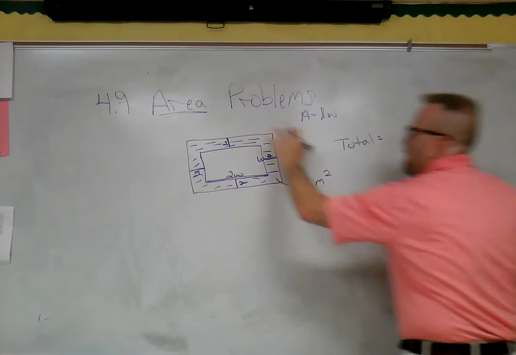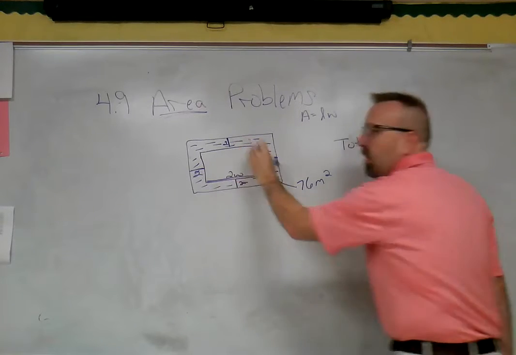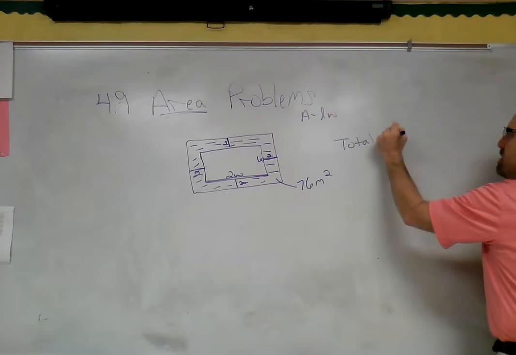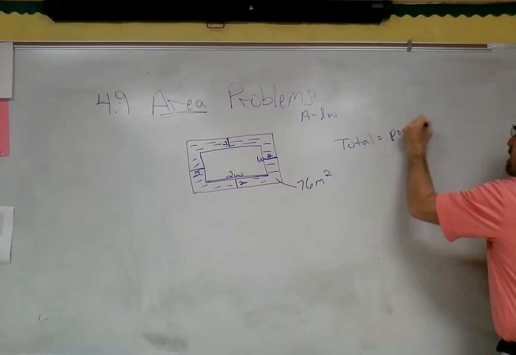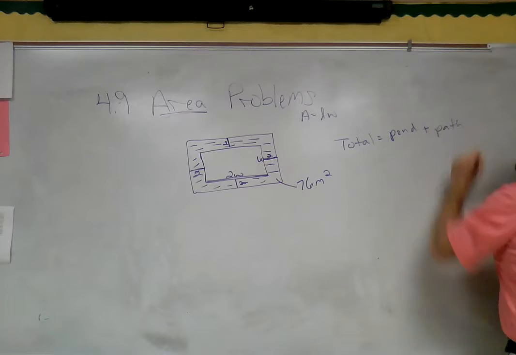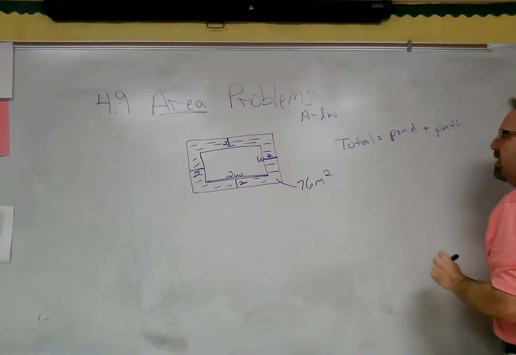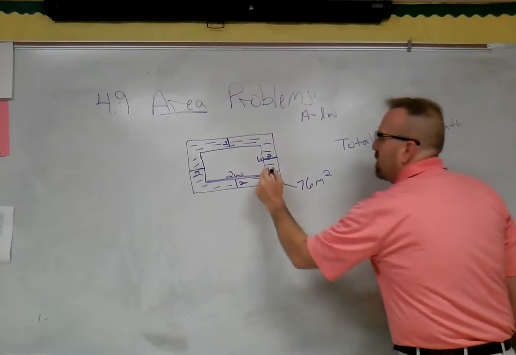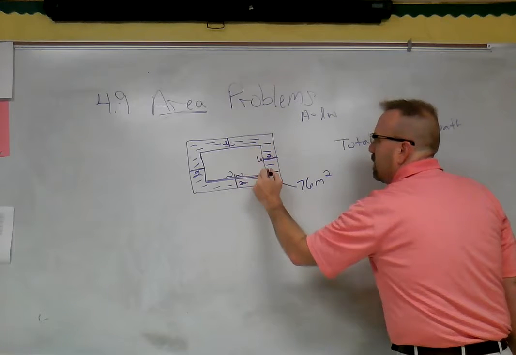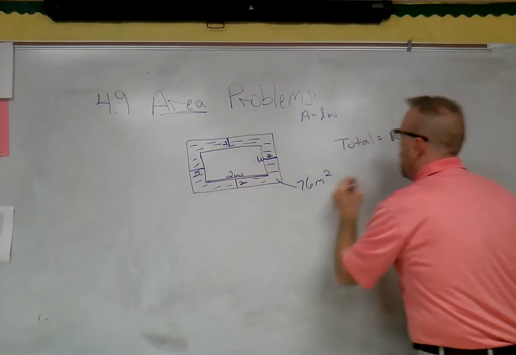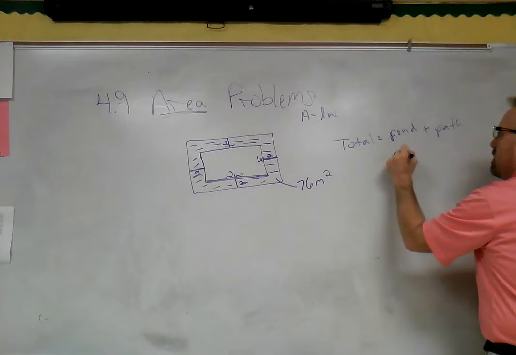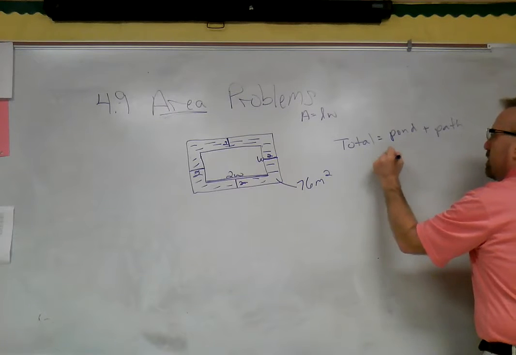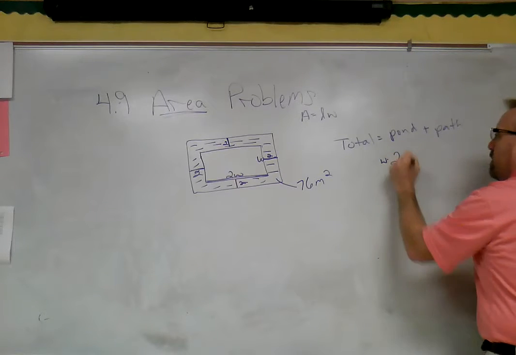If we were to find the total area, we would take the fishing pond plus the path, correct? So let's talk just the pond. What is the area of the pond? W times 2W, which is 2W squared.